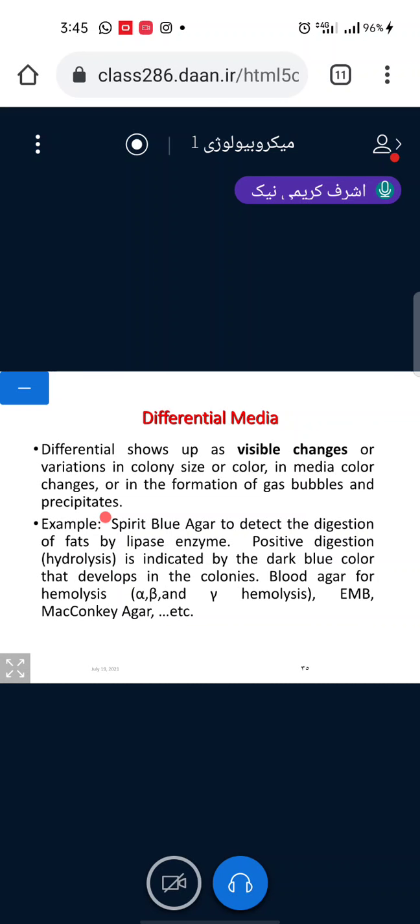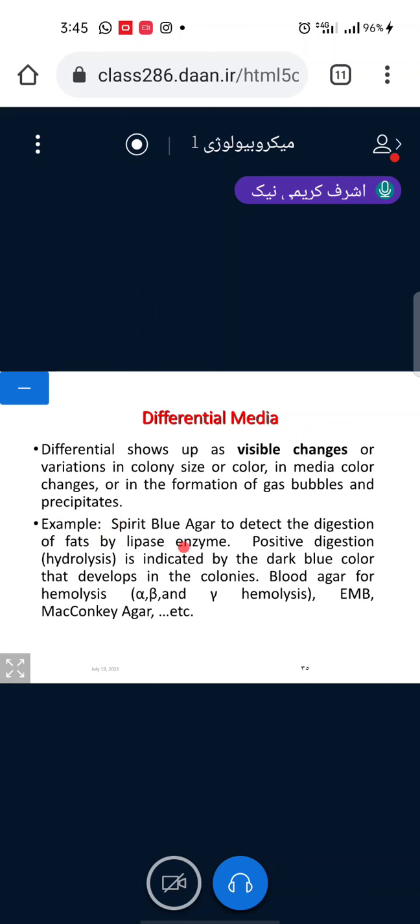For example, EMB, eosin methylene blue, is a differential media, or MacConkey. In this media, gram-negative bacteria can grow and gram-positive not because of salt, bile, and some dyes, for example crystal violet, methylene blue, eosin.